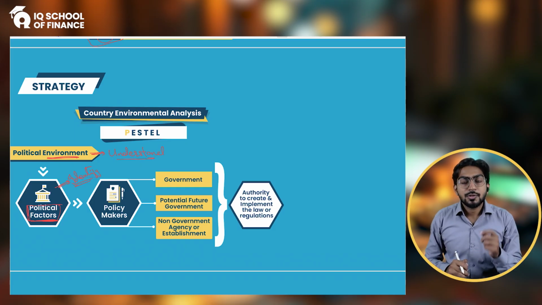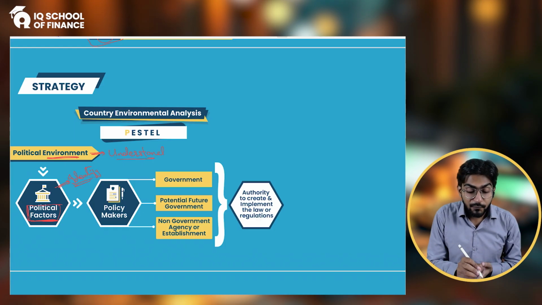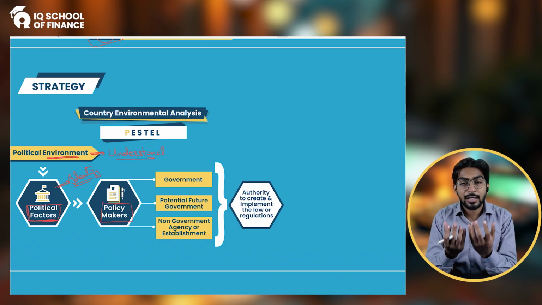All right. So the answer is that whenever you are trying to identify the political factors, you should focus on policy makers, because the word political is derived from policy.